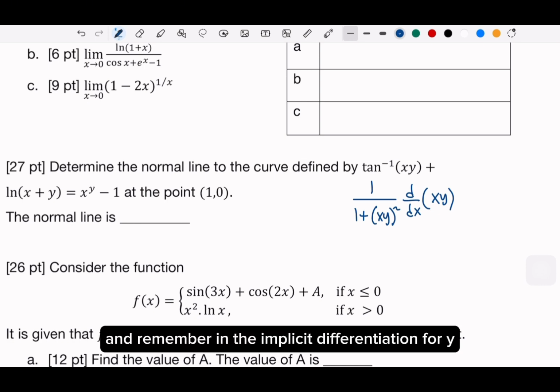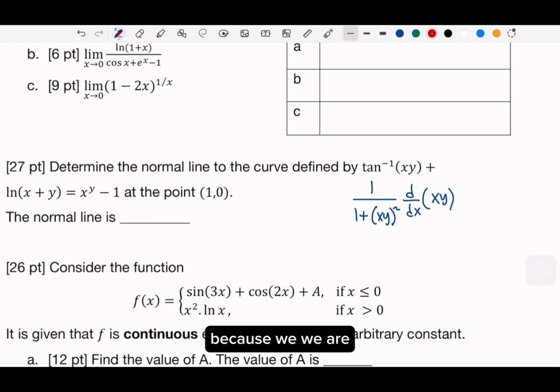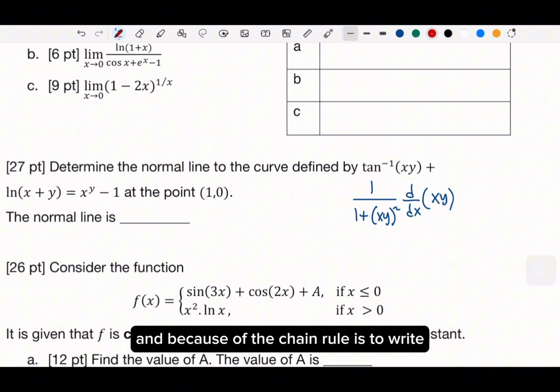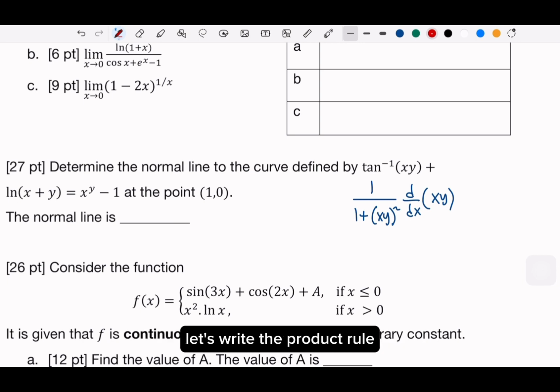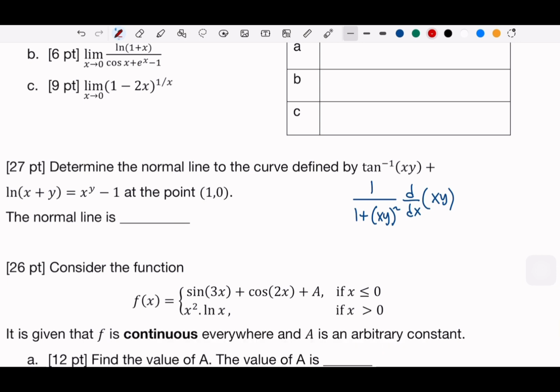And remember, in implicit differentiation, for y you need to write it in terms of dy over dx, because we treat y as a function of x. And because of the chain rule, the derivative of y will be dy/dx. So let's write the product rule. This will be y plus x dy/dx.